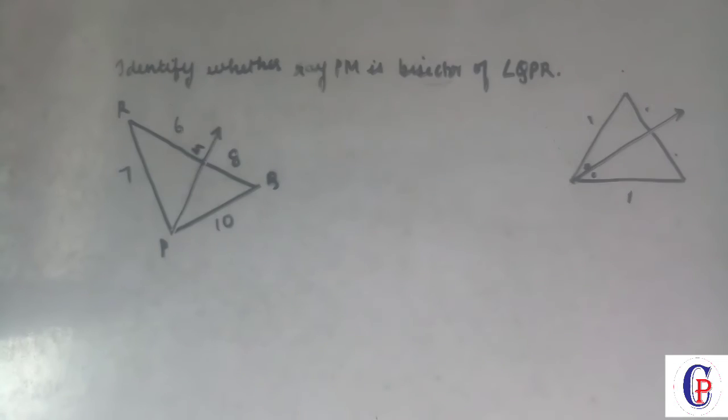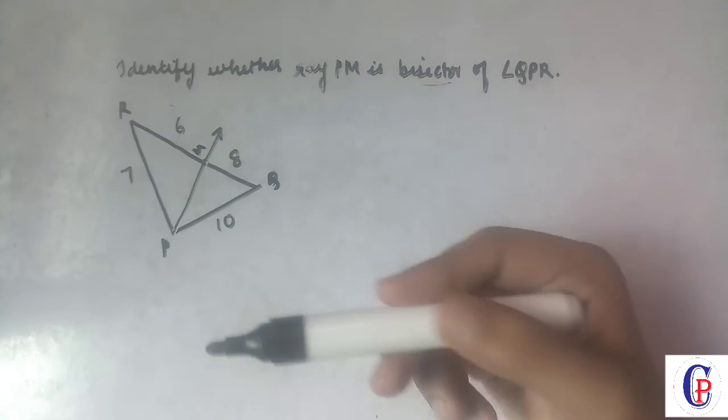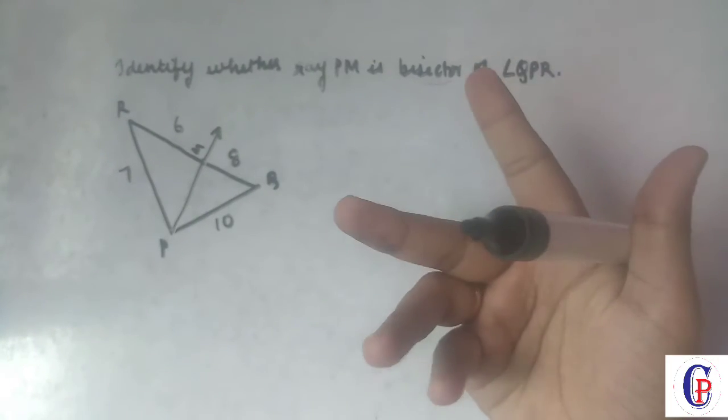We have already studied this. But when do we say that? When it is given to us that it is an angle bisector. But here they have not given that it is an angle bisector. They are saying identify, meaning is it an angle bisector?